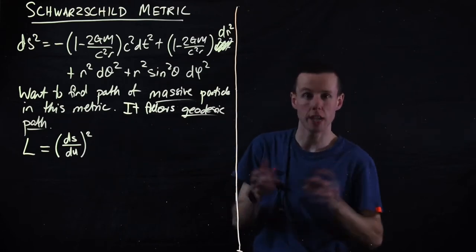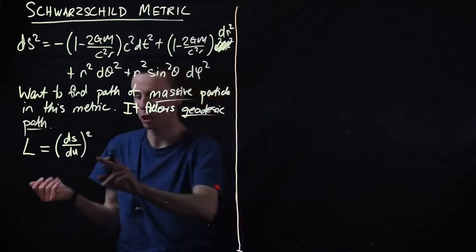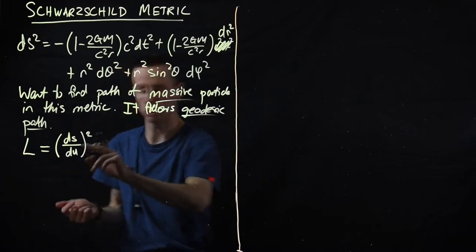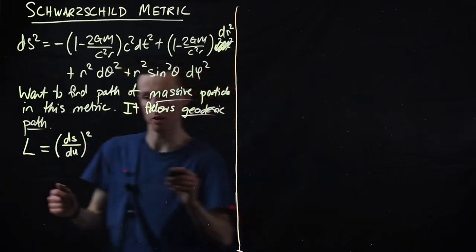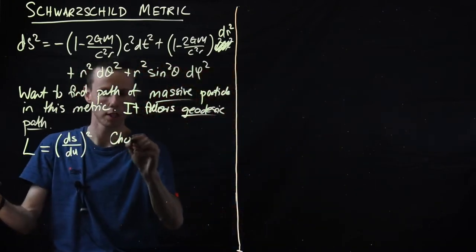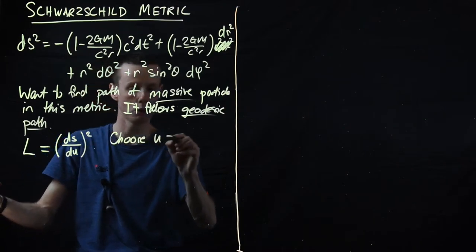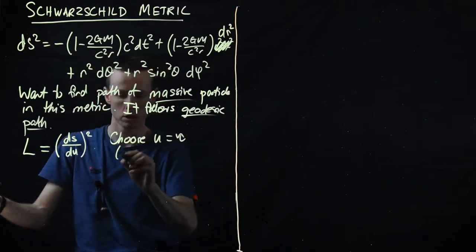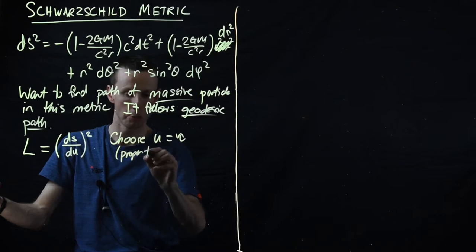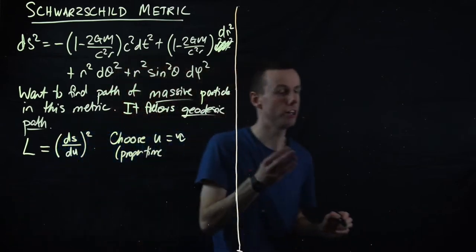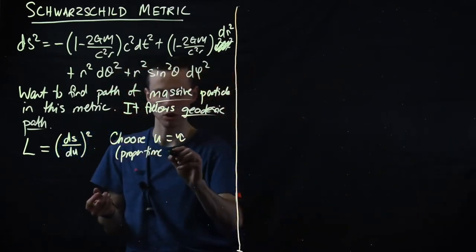So you can just use it as a parameter. Rather than using just a general parameter u, we will use proper time. So I will choose u to be tau, the proper time.